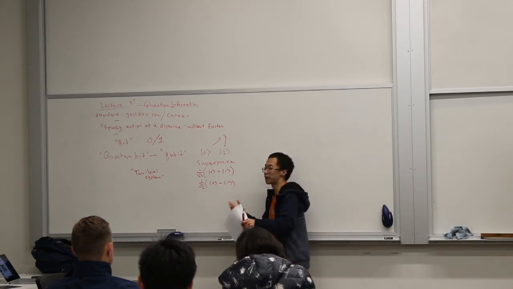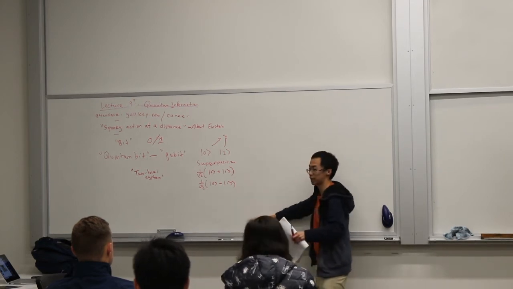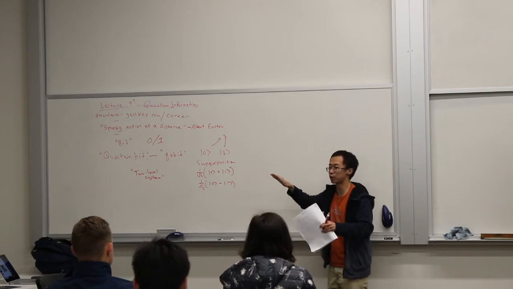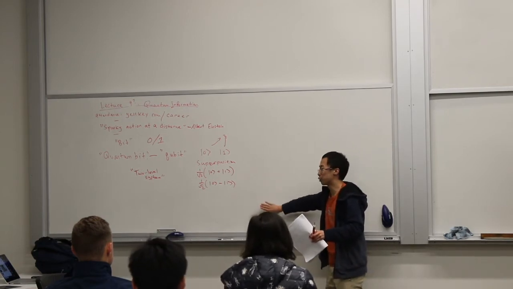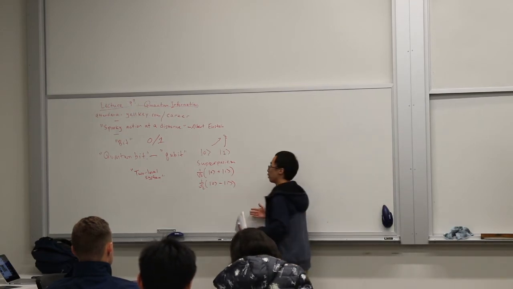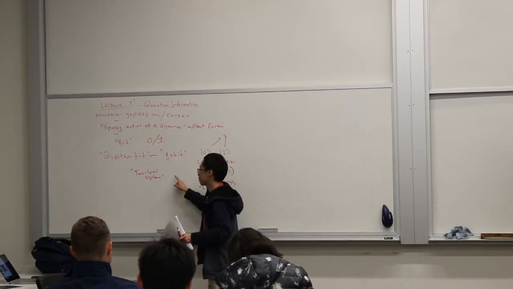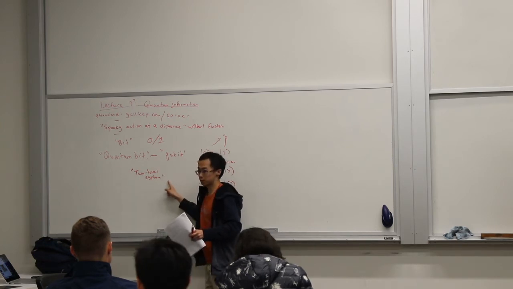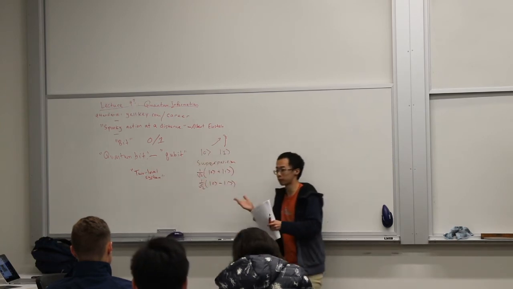For example, if you have an atom, it has a whole bunch of different electronic states. You could, for example, make the energy low enough so that the atom could only be in the bottom two or something like that. And so really, as long as you can find a viable two-level system, you can try and make a quantum computer out of that.